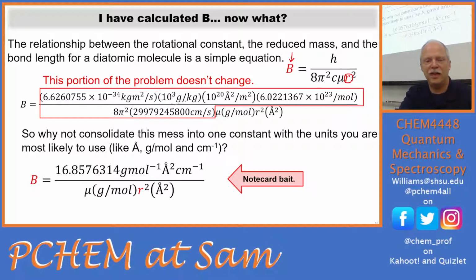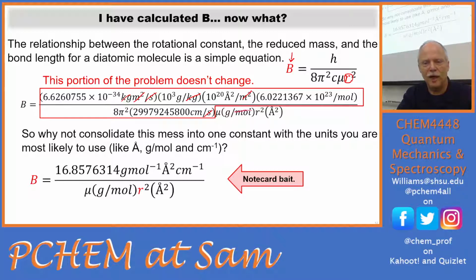So all of these units cancel except for a few things. The kilograms are canceling and meters squared are canceling here. And we've got some seconds per seconds here and the speed of light. And the centimeters in the denominator is going to give us wave numbers for our B value, so we're going to leave that alone.